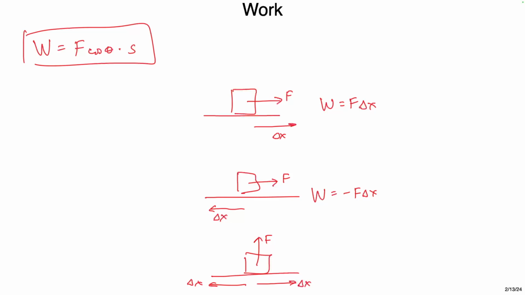Doesn't cancel out. What's the angle between that force and the displacement? It's 90 degrees. What's the cosine of 90? 0. How much work is that force doing? 0. Can you name a vertically acting force?